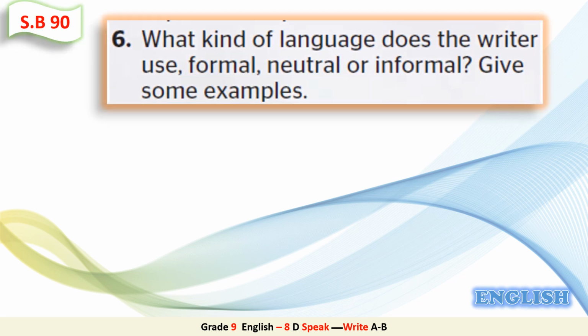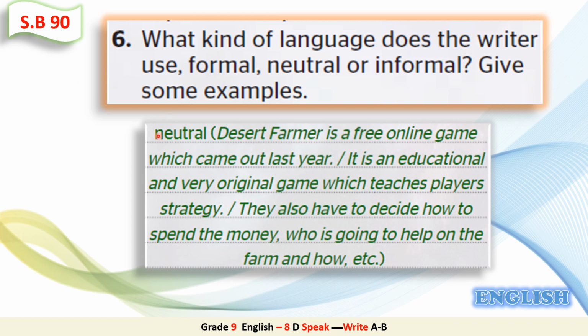Now, question number 6. What kind of language does the writer use? Formal, neutral, or informal? Give some examples. What do you think? Wonderful. The writer uses a neutral language. For example, he said, Desert Farmer is a free online game which came out last year.